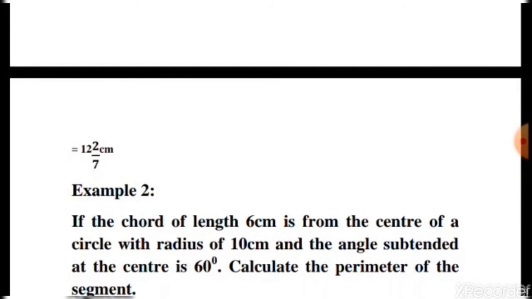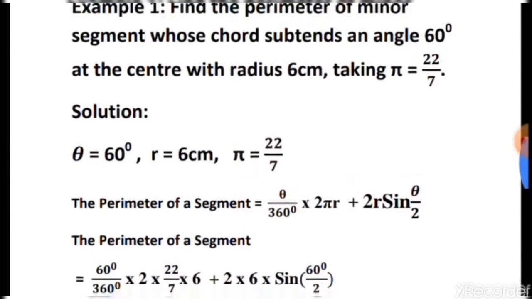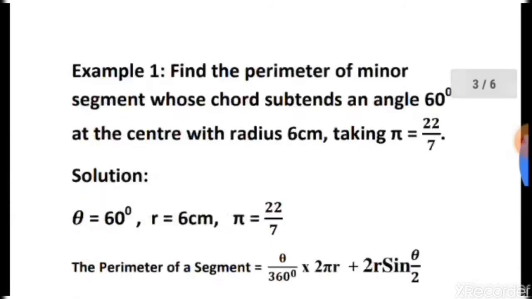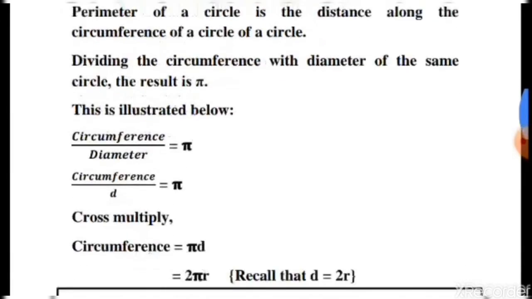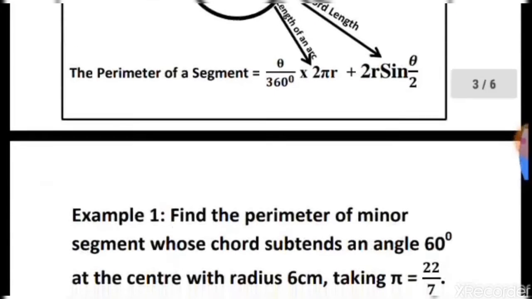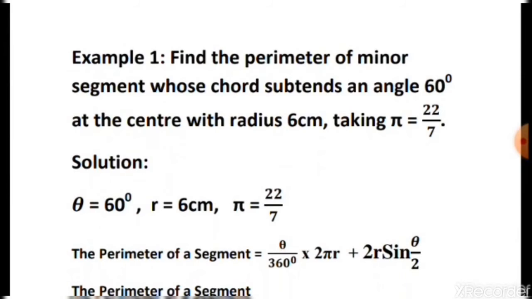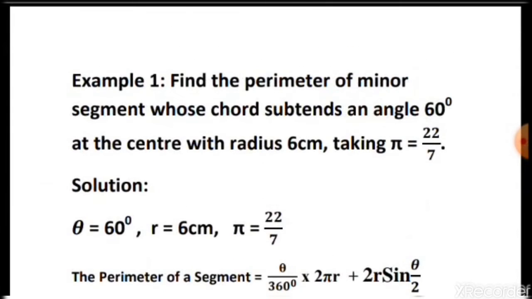Now, in the first example, we are asked to calculate the perimeter of a segment. In the second example, we are also asked to calculate the perimeter of a segment. But there is a difference between the first example and the second example. In the first example, we are given the angle, which is 60 degrees at the center, but we are not given the length of a chord.